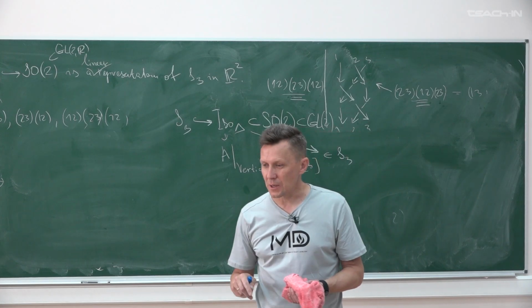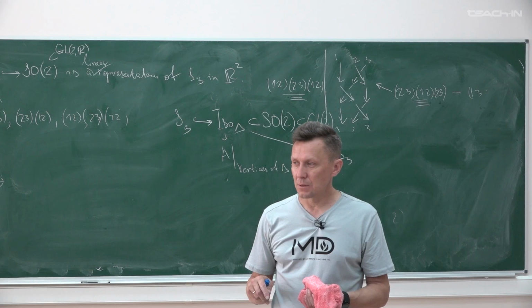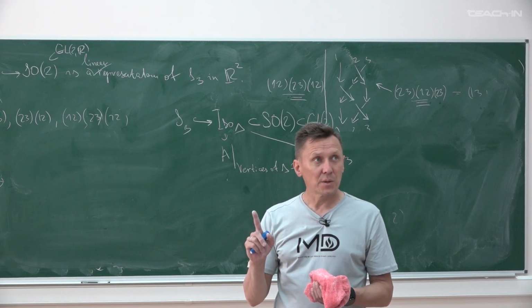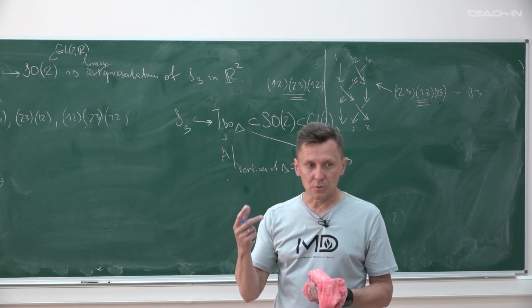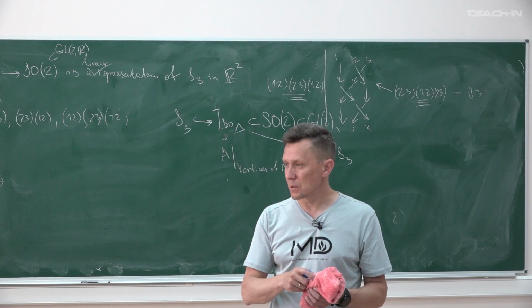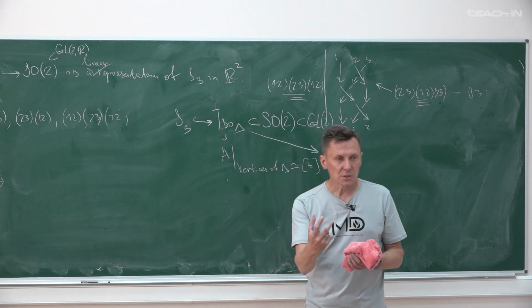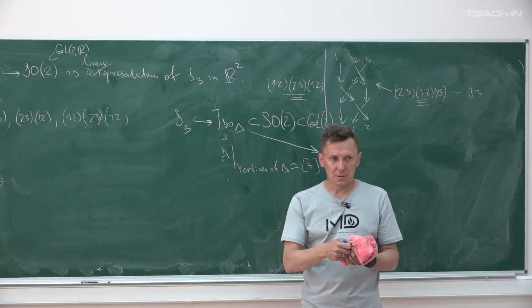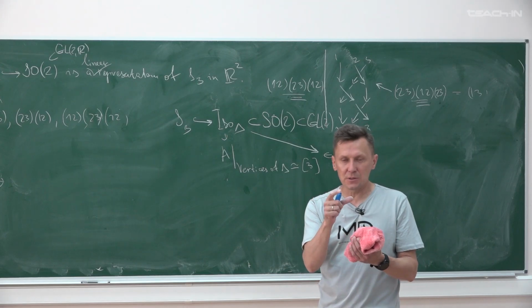And now we have to say that it is a bijection. Because if you know the image of the vertices of a triangle, you know the whole isometry. The images of the vertices of the triangle define the isometry. An isometry preserves distances.